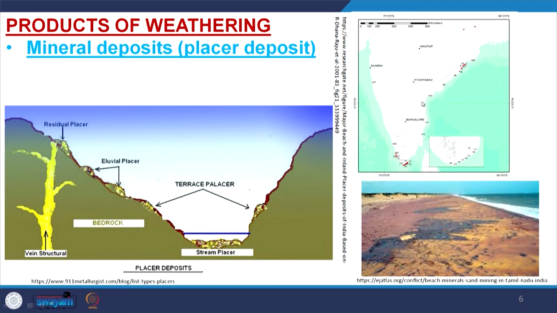So, from here the heavies like garnet and monazites get removed and concentrated along the coastal zone of India, and this photograph shows the concentration of placer minerals along the coastal zone. So, placer mineral deposits in particular are very important in terms of mineral deposits due to weathering.